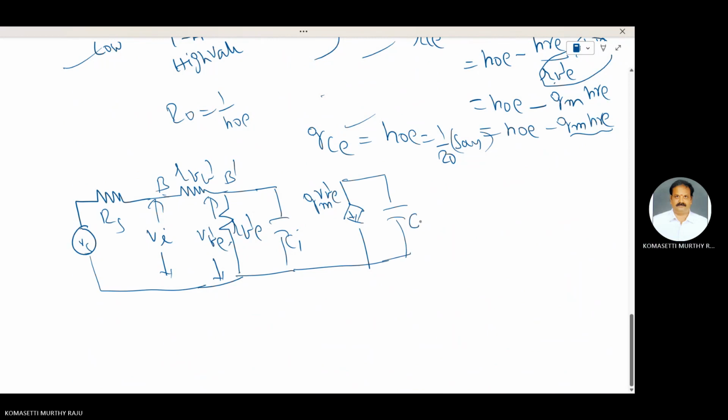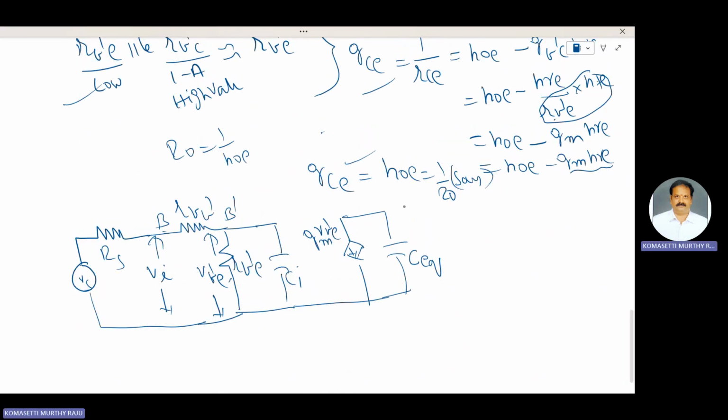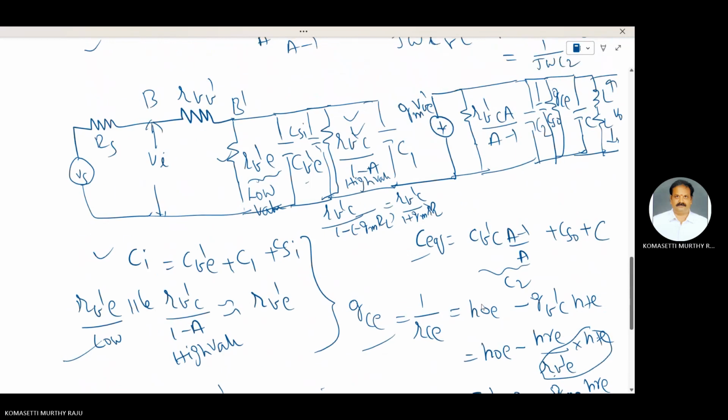Here C equivalent. GC, R naught, one more element is also there, included here. R naught is equal to 1 by HOE. Here RB'C A by A minus 1.